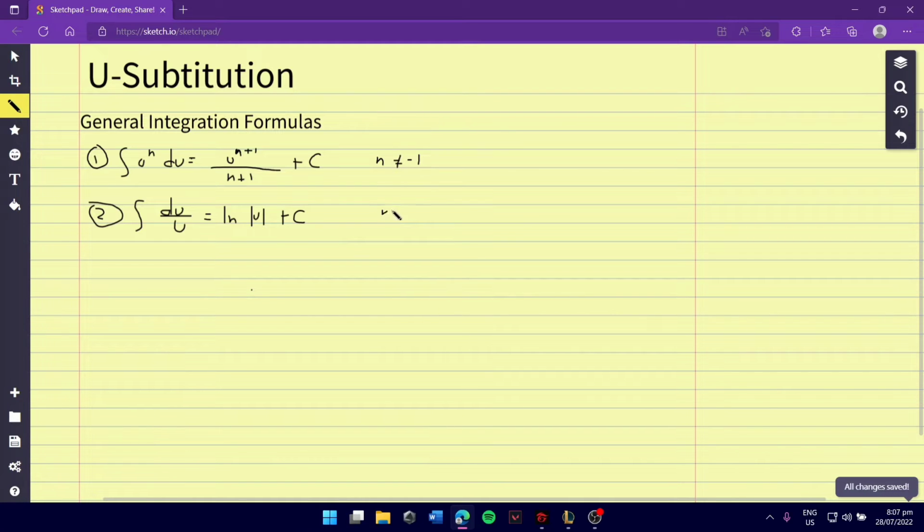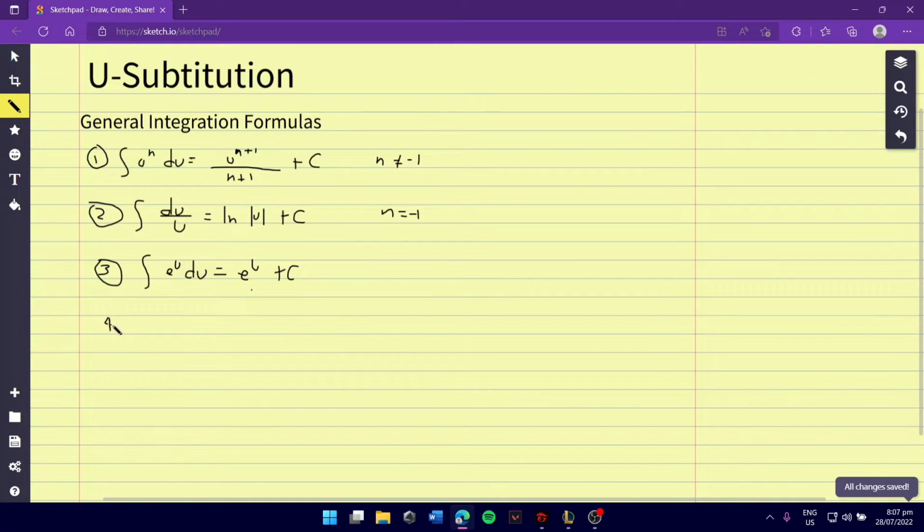So here, n is equal to negative 1. In the third formula, we have the integral of e raised to u times du. So here, the integral of e raised to u is e^u. Then add your arbitrary constant, which is c.